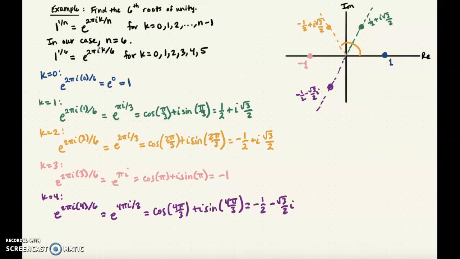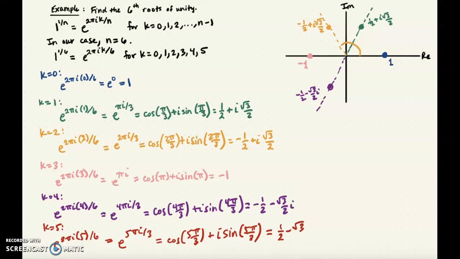And finally, we're going to compute the value for k equals 5. So we get e to the 2 pi i times 5 over 6. This will simplify to e to the 5 pi i over 3. This is going to be cosine 5 pi over 3 plus i times sine 5 pi over 3, which is going to give us 1/2 minus root 3 over 2 i.